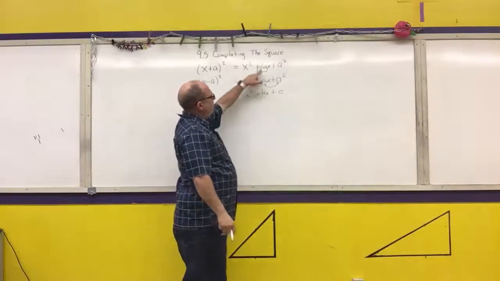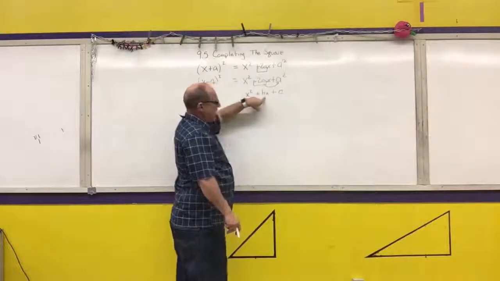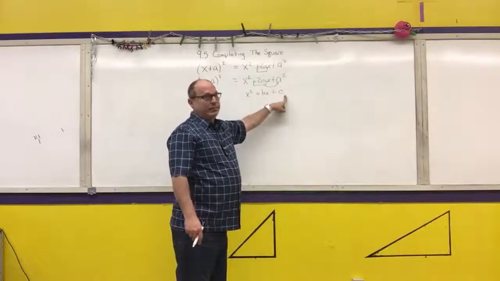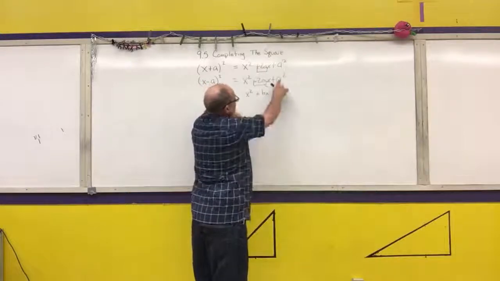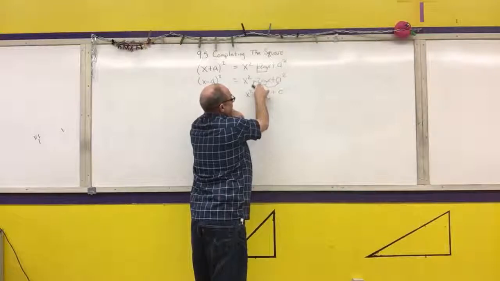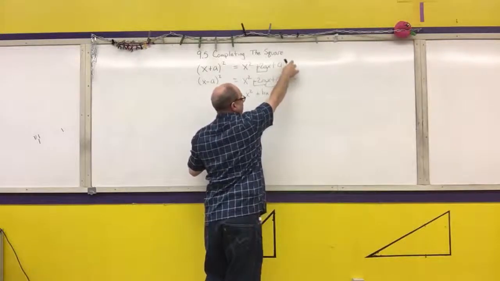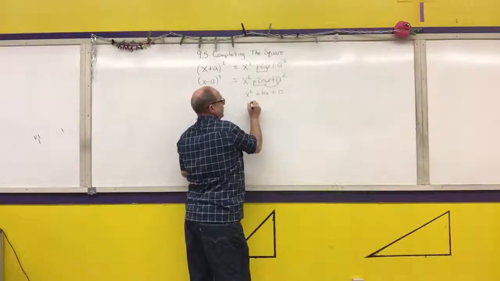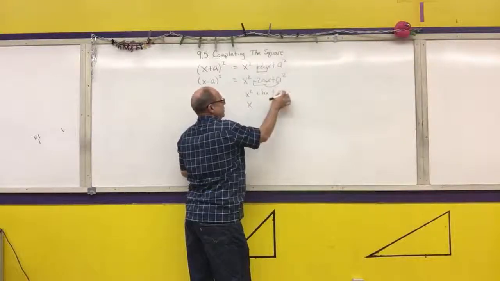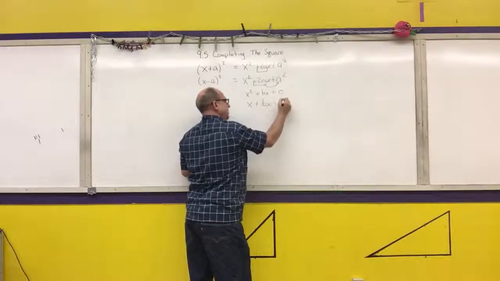Well, what do I have to do to b in order to get to c? Notice that this just has an a in front of it. That has a 2a. So if I divide the number in front of this by 2, I get this number, and then I square it. So another way I could think about this is, divide this number by 2, so this is b over 2.